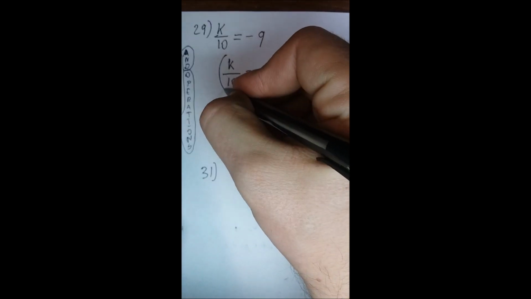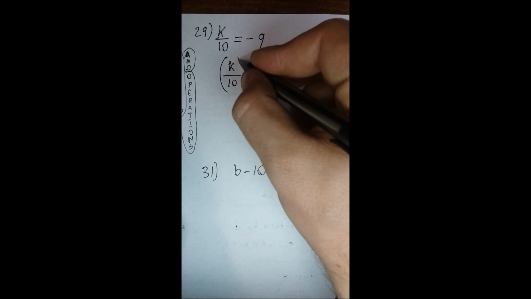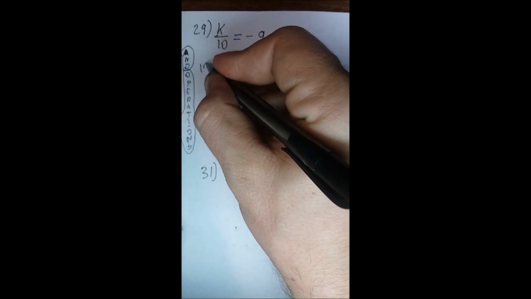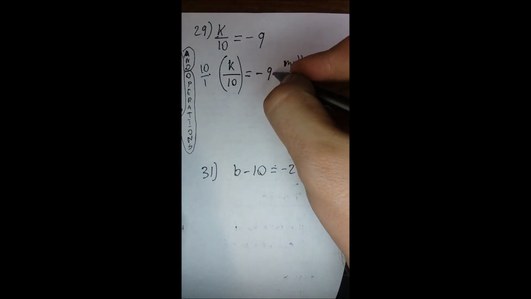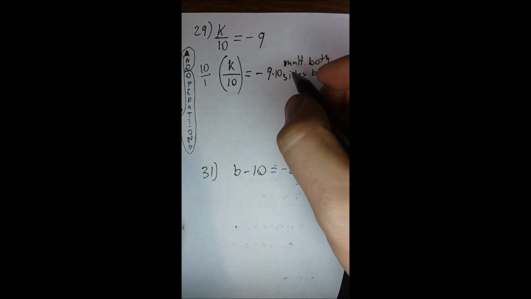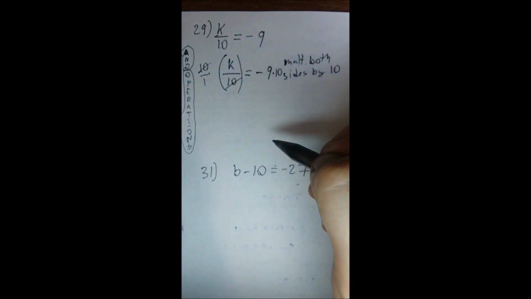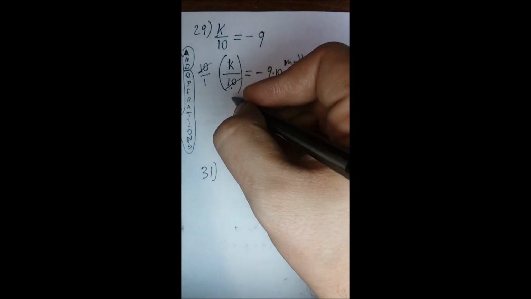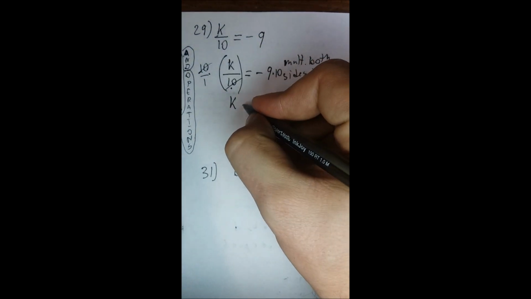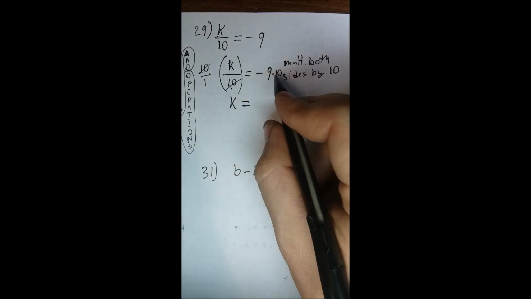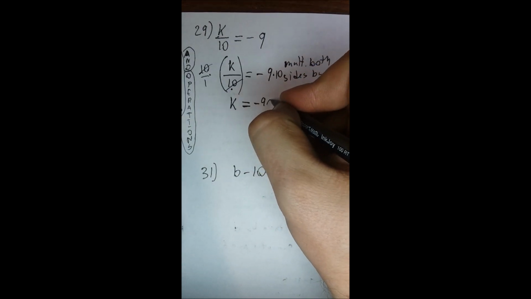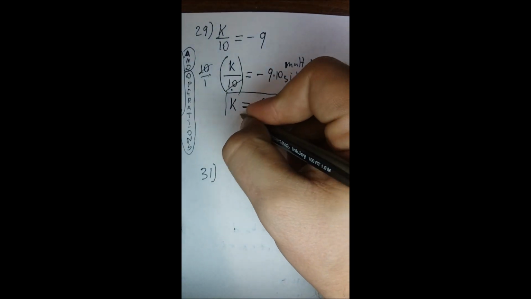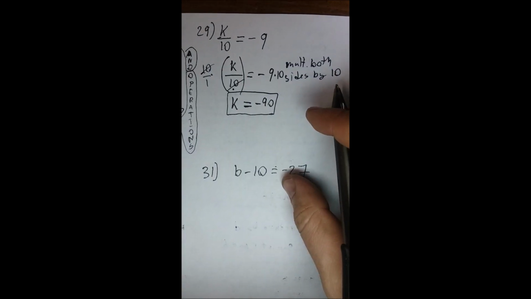So I can do it this way. We can multiply it by 10 over 1 here and negative 9 times 10. Okay, so 10 and 10 here cancel out, leaving just k equals negative 9 times 10 is negative 90. And that's it. All you do is do the opposite.